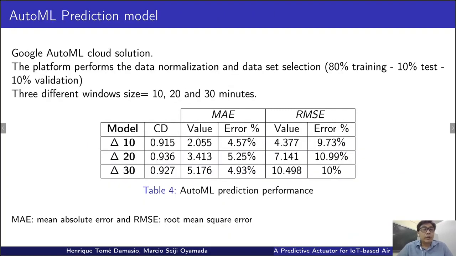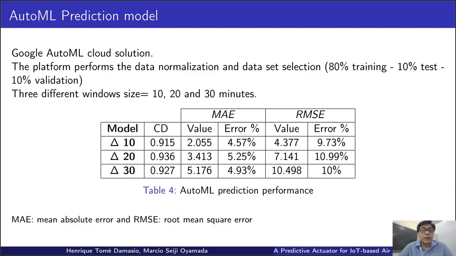In this work, we also evaluated the Google AutoML cloud solution. The platform performs the data normalization and dataset selection. The AutoML was evaluated using 3 different window sizes, creating 3 different models to predict the energy consumption in the next 10 minutes, 20 minutes, and 30 minutes.